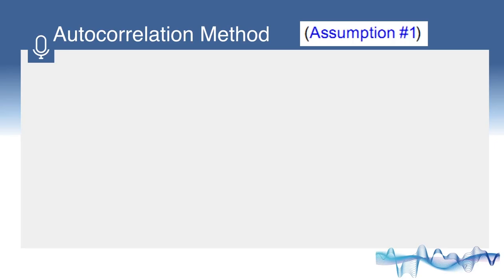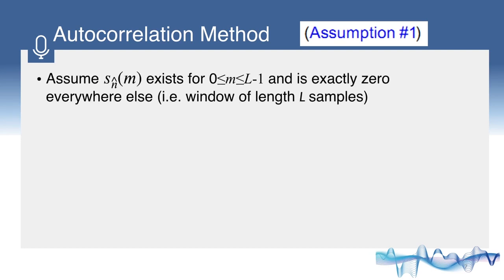There are two typical methods to compute the linear prediction coefficients. One is the autocorrelation method, which assumes that s_n(m) exists for the range 0 less than or equal to m less than or equal to L minus 1, and is exactly 0 everywhere else.